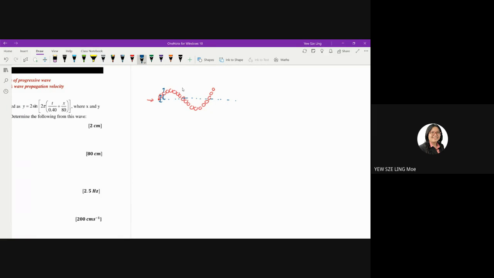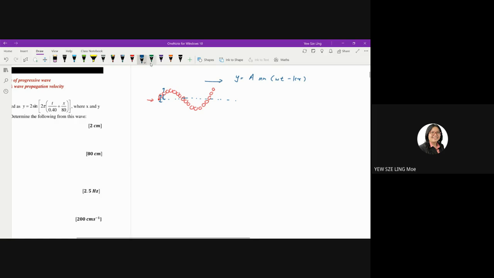They're oscillating up and down, and then you will see that the wave is moving to the right-hand side or to the left-hand side. So remember, if your wave is moving to the right-hand side, then in your equation you are going to use a negative sign. If the wave is going to the right, then y equals A sin(omega t minus kx).